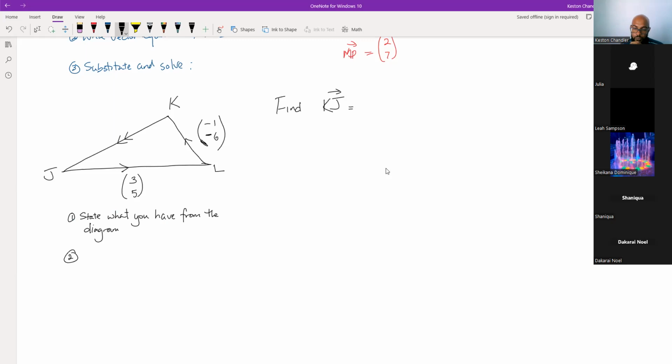Two: write the vector equation. And three: substitute and solve. Right, and we can find KG from that. Try that one out.